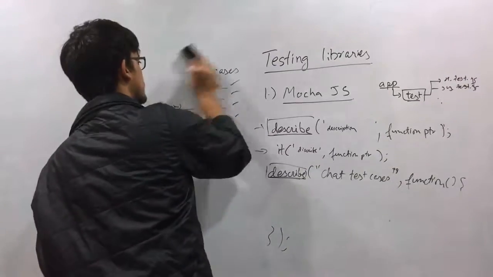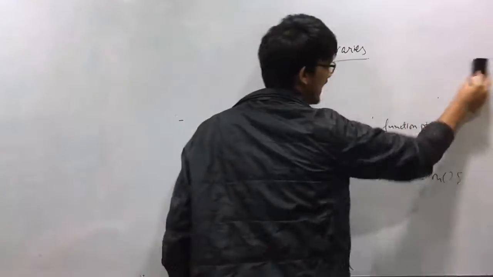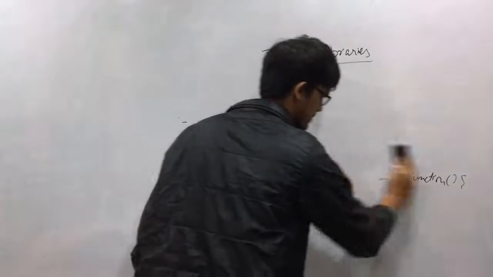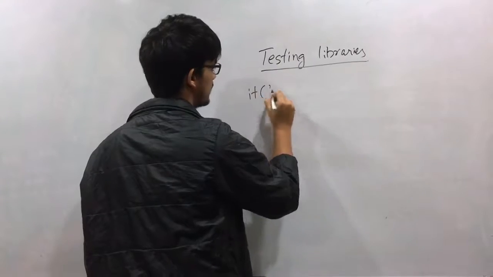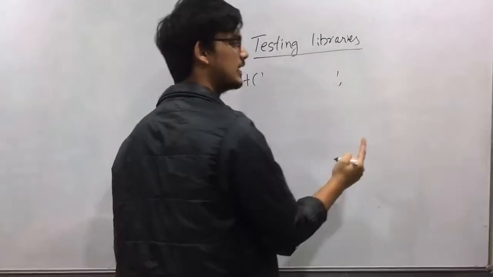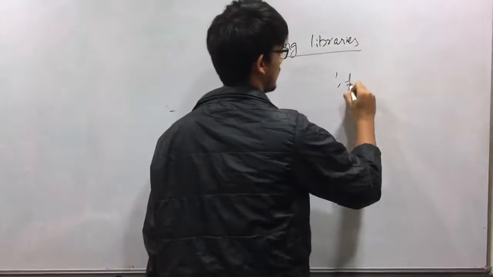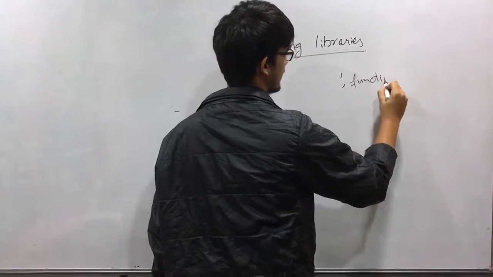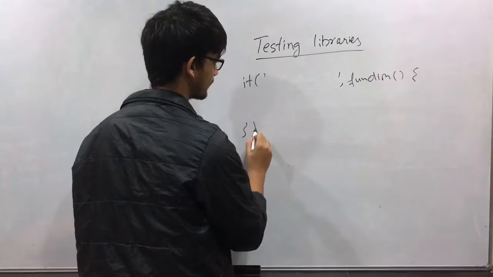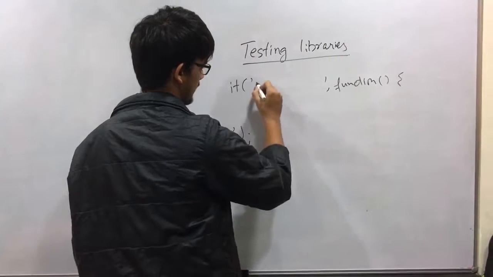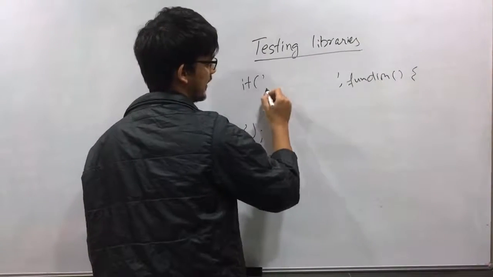The next function which we'll be discussing is it. The it function describes a single unit test case. The syntax for it is like this. And there, inside this, I can describe this test case.